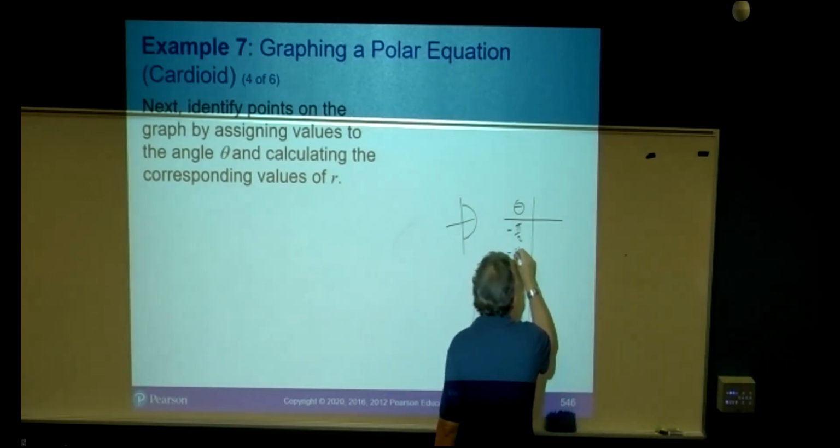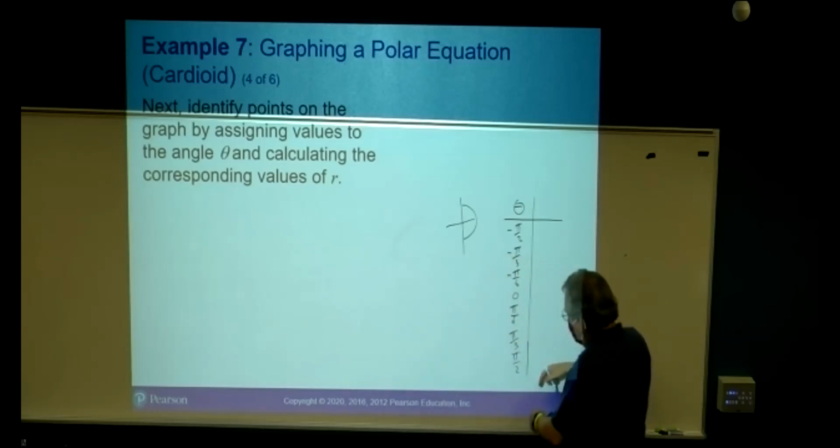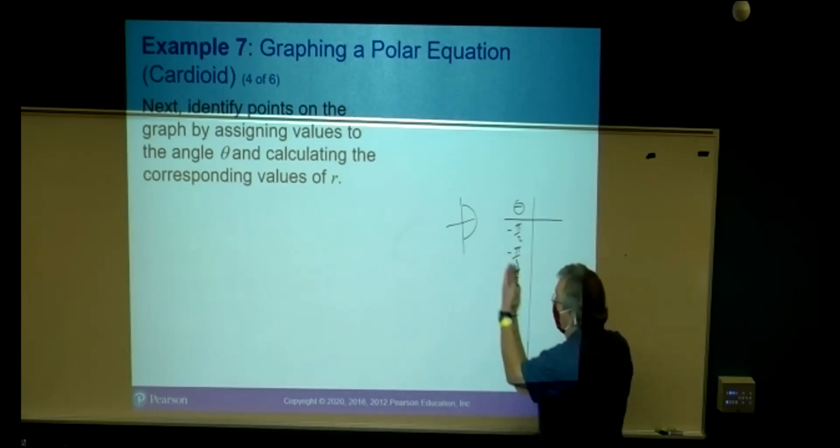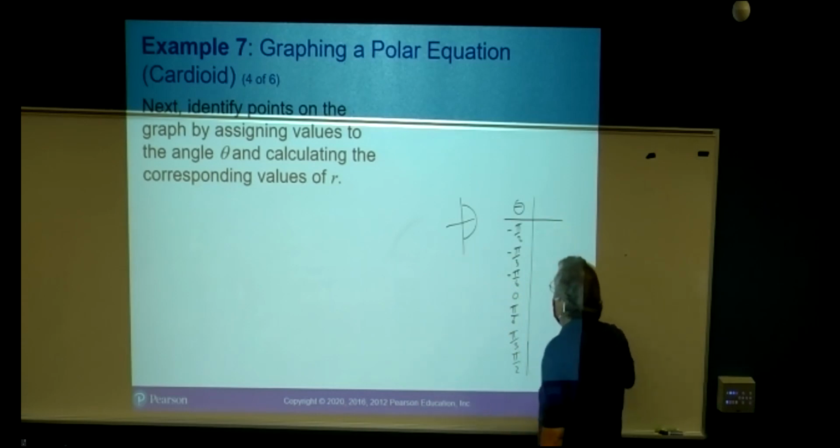So then pi over 3 and negative pi over 6, and then 0, and then pi over 6, and pi over 3, and pi over 2. Because the corresponding angles on the other side are going to have the exact same values, maybe in a different order, but they'll have the same value.